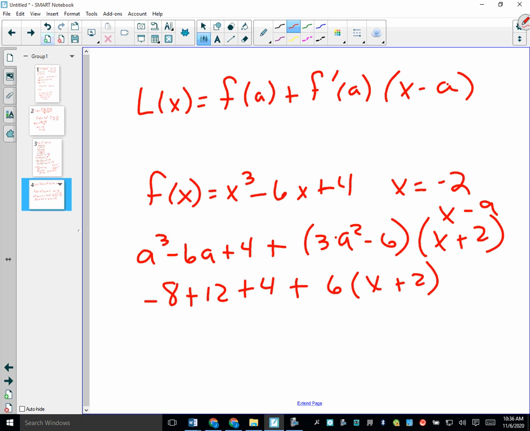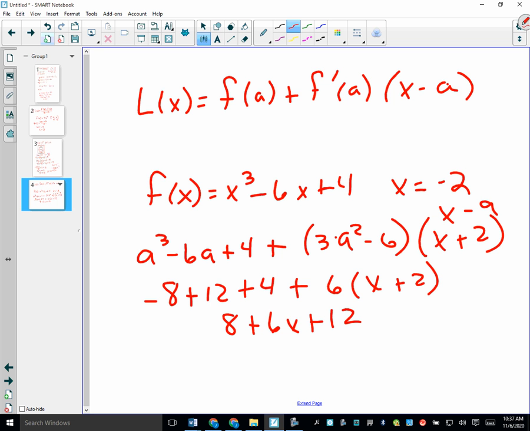Right? So what is this? 8 plus 6x plus 12? Am I off? That should be x, so 6x plus 20. But you can't combine that 6 with the other ones.